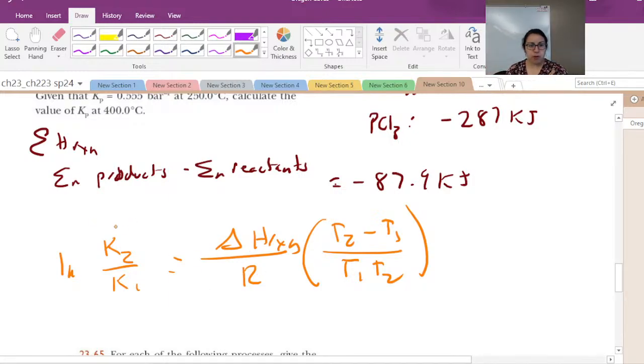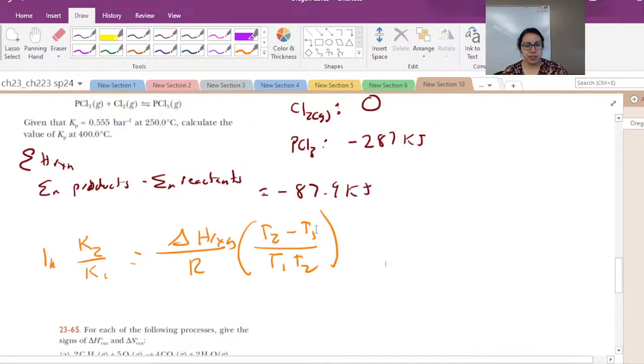But this is a better form just because it has the 2 Ks, so it already moved it into the form where we could compare it, as opposed to rederiving it from ignoring the change in entropy, which would work, so you probably would have gotten there. But this is just the put together form of that. So this is the Van't Hoff equation.